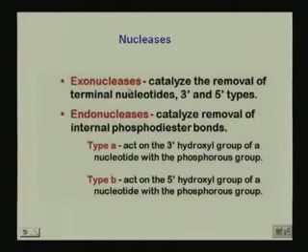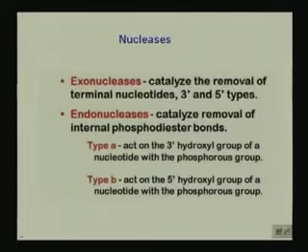Exonucleases chop off nucleotides from the ends. Okay? So, when you are chopping a nucleotide off from the end, you have an exonuclease. You have an endonuclease when you remove internal phosphodiester bonds, that is, something within the chain. Again, you have 2 types there because you have 2 bonds.